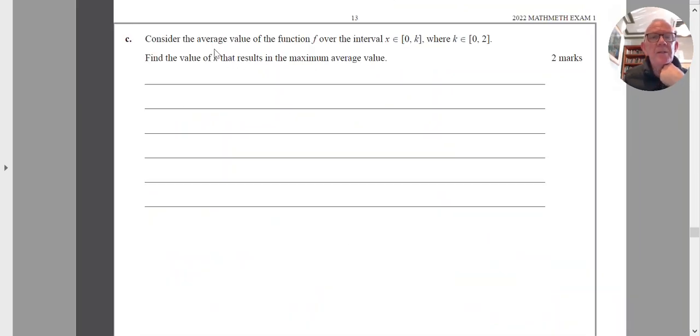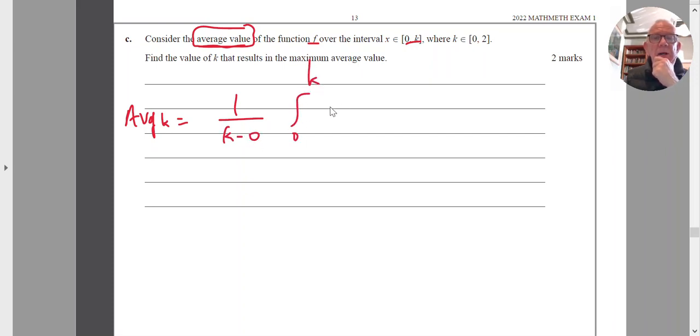Okay, part C, consider the average value for f over the interval 0 to k. We have a rule for average value. The average value of k will equal 1 on k minus 0, integral from 0 to k of f of x dx.